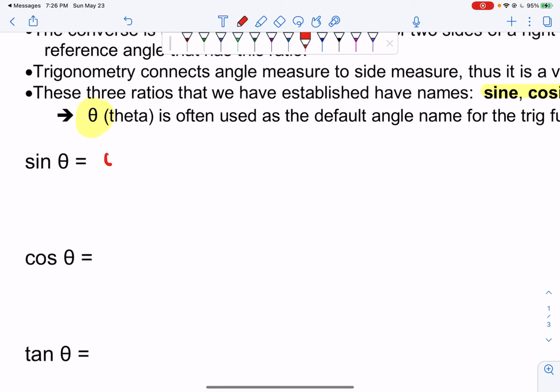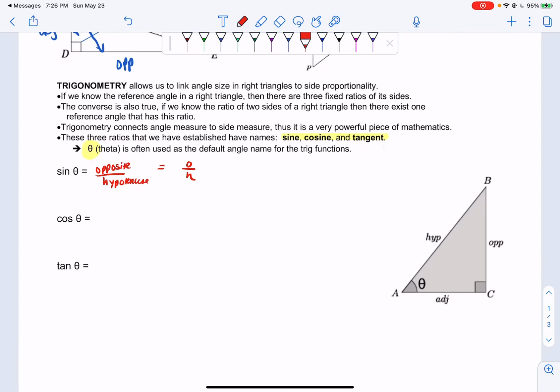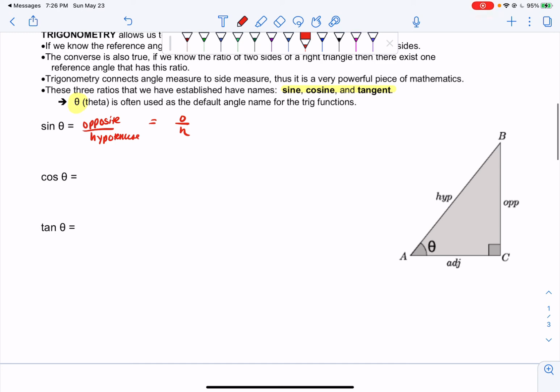It's always going to be your opposite side over your hypotenuse, which you can write as O over H. So in this image, my opposite is BC and my hypotenuse is AB. So I can say BC over AB as well for this image.